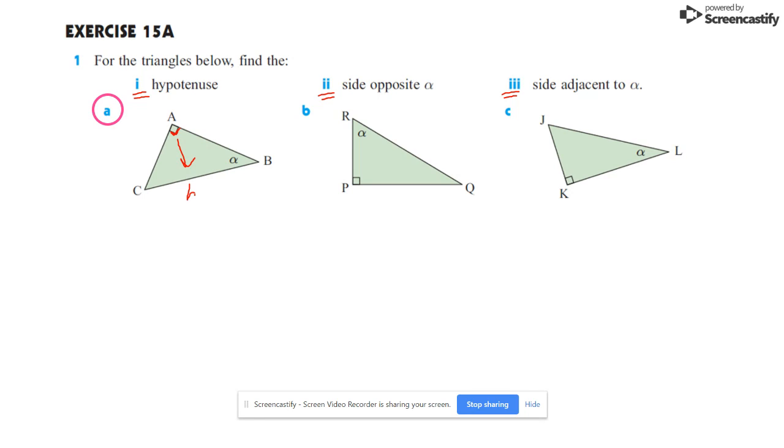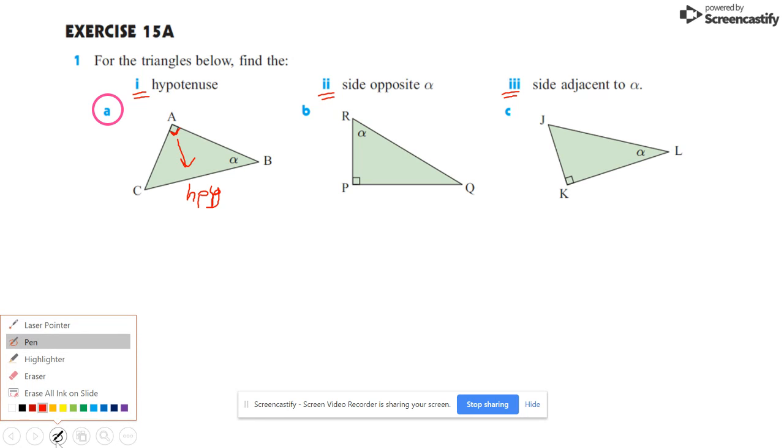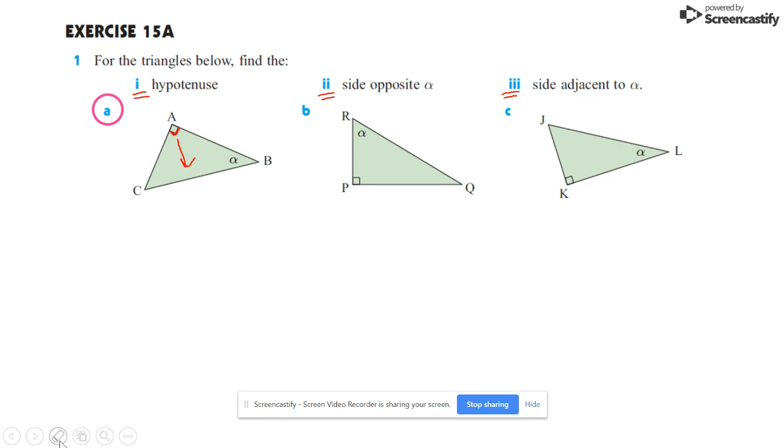If we're labeling those in each one, remember the hypotenuse is always opposite the right angle. The hypotenuse is always the side opposite the right angle. In this case, we could name that as side BC.